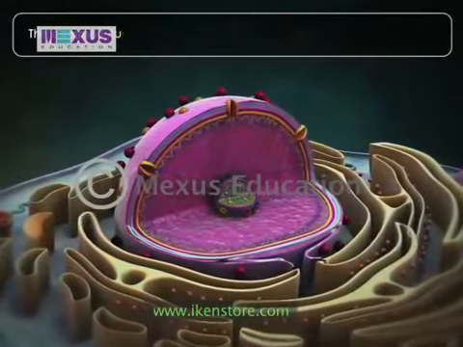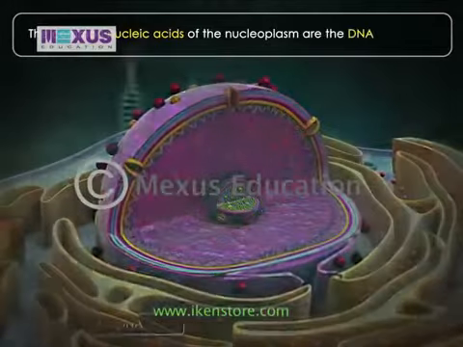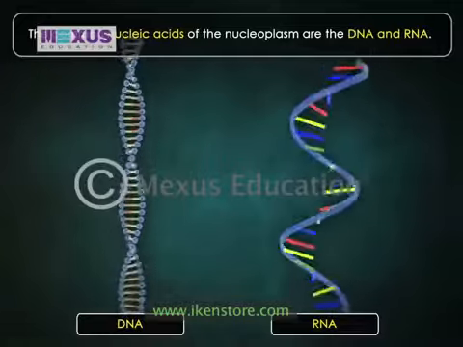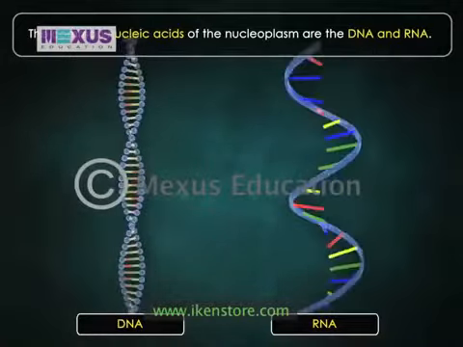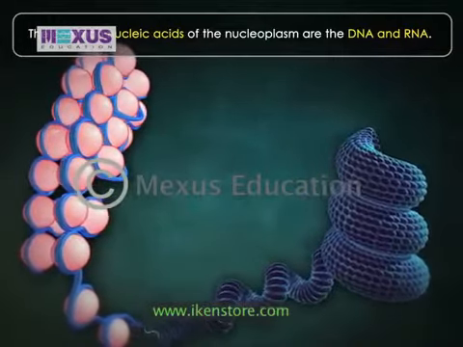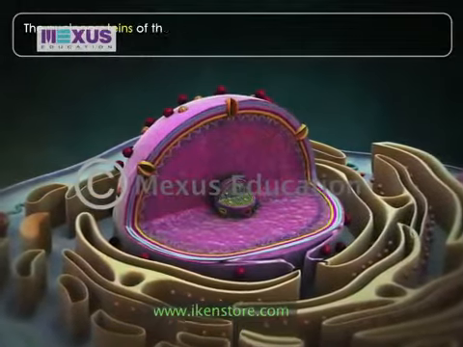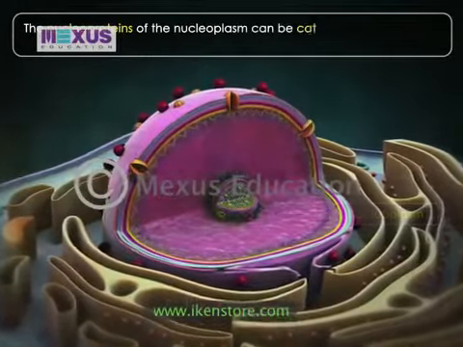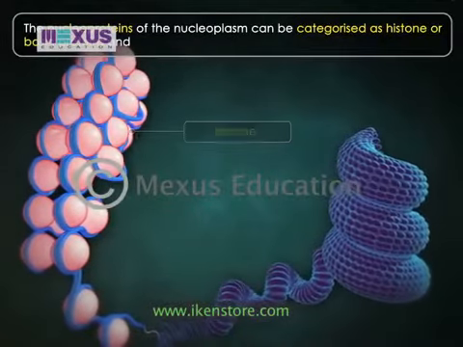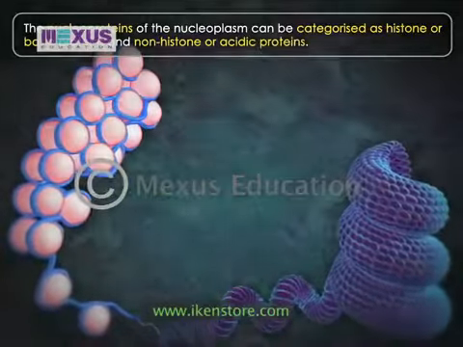The common nucleic acids of the nucleoplasm are the DNA and RNA. Both may occur in the macromolecular state or in the form of the monomer nucleotides. The nucleoproteins of the nucleoplasm can be categorized as histone or basic proteins and non-histone or acidic proteins.